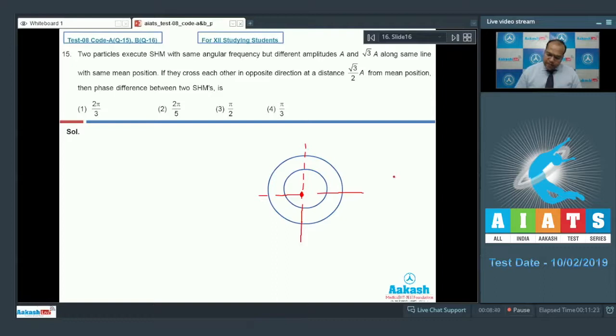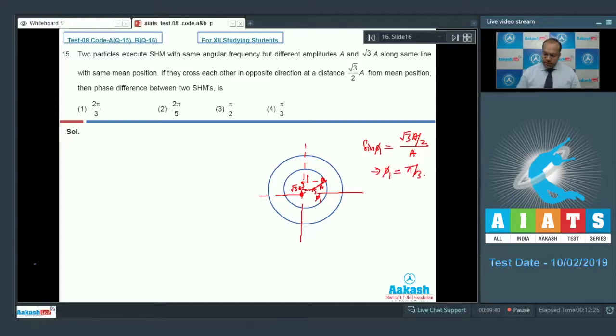At some instant the first particle is at this position and it is moving in this direction, then its projection on the y-axis is at this point, and this separation is given as root 3 A by 2. So at this moment this is A. If I find this angle phi 1, then sin phi 1 is equal to perpendicular, that is root 3 A by 2, divided by A. From here the value of phi 1 comes out to be 60 degree or pi by 3.